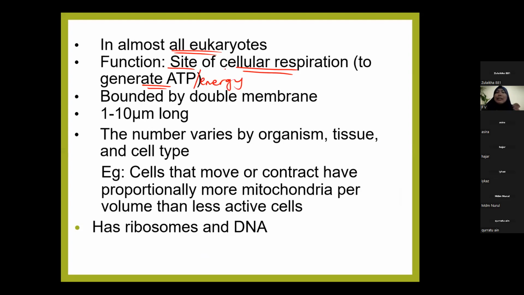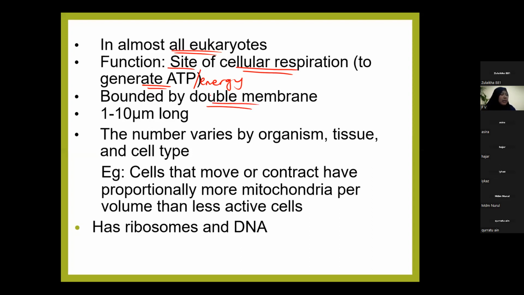Untuk menghasilkan tenaga kepada sel. Okay, macam kilang tenaga lah, ataupun pencawang TNB untuk hasilkan elektrik dalam sel ialah mitochondria. Okay, power generator. Alright. Okay, next. So mitochondria is bounded by double membrane.